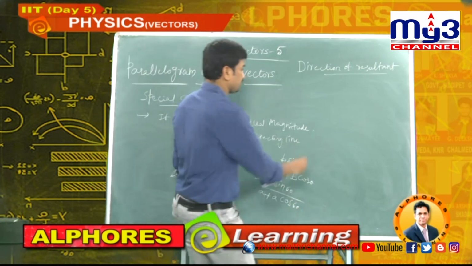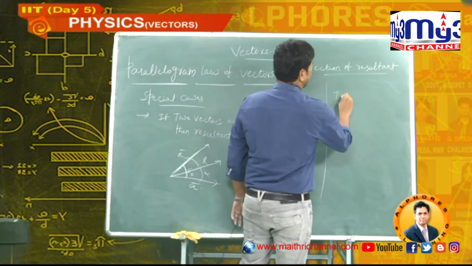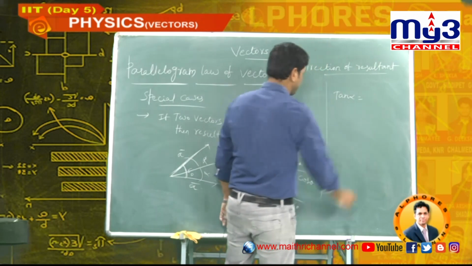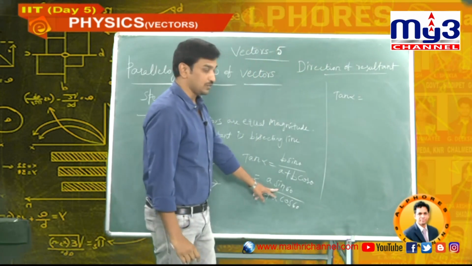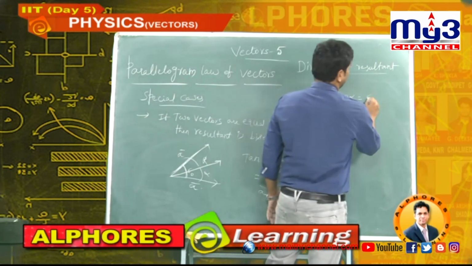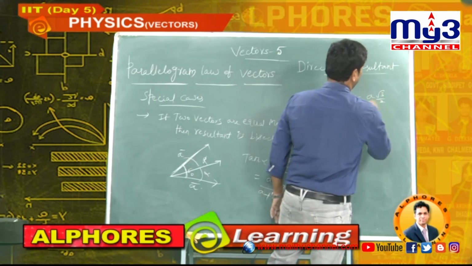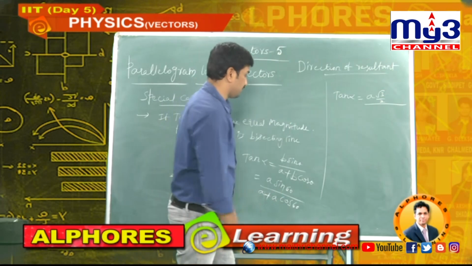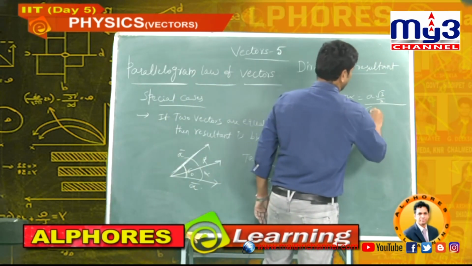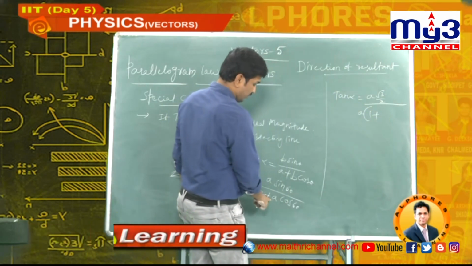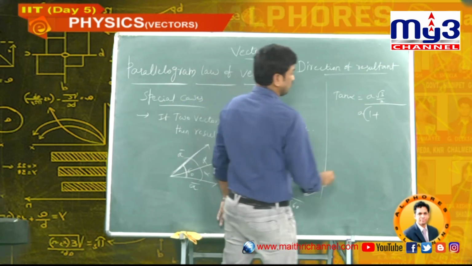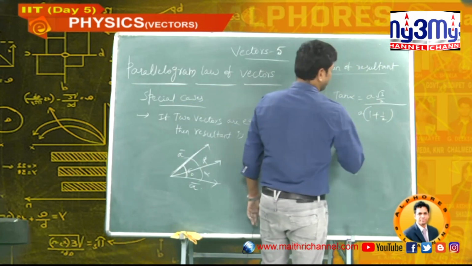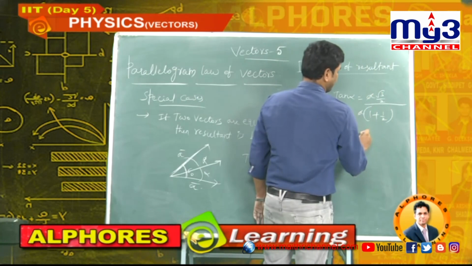Now here, just a simplification: sin 60 is root 3 by 2, so A into root 3 by 2. In the denominator, A common, 1 plus cos 60. What is the value of cos 60? 1 by 2. Now A cancels.